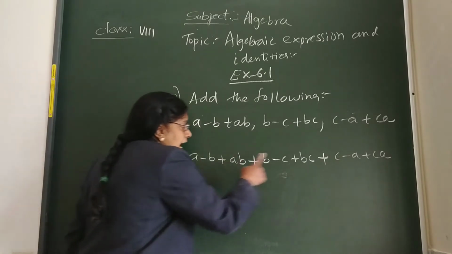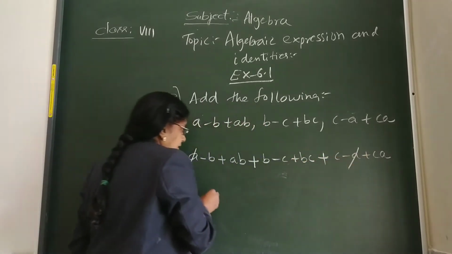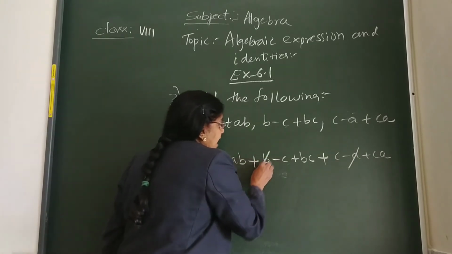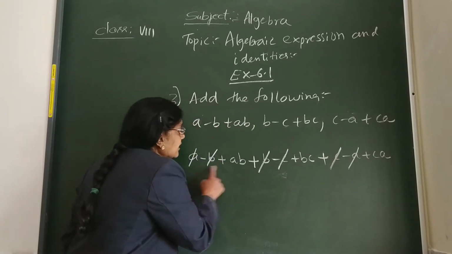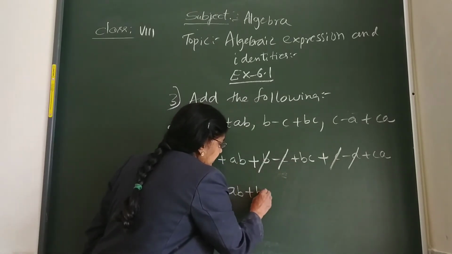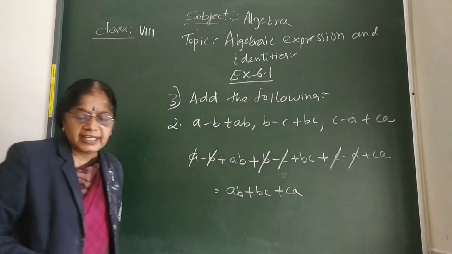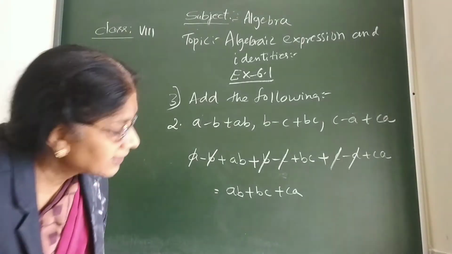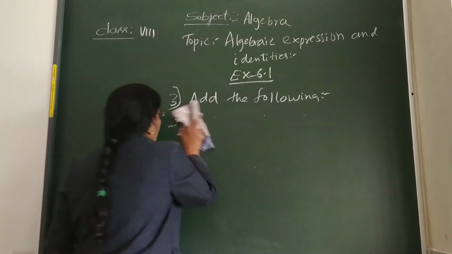Plus a and minus a, as I told, will get cancelled. Plus b and minus b. Plus c and minus c. So what is remaining? ab, then plus bc, then plus ca. This is the second sum in exercise 6.1.